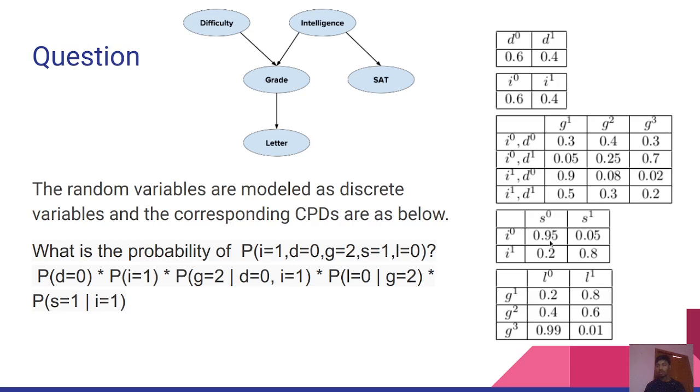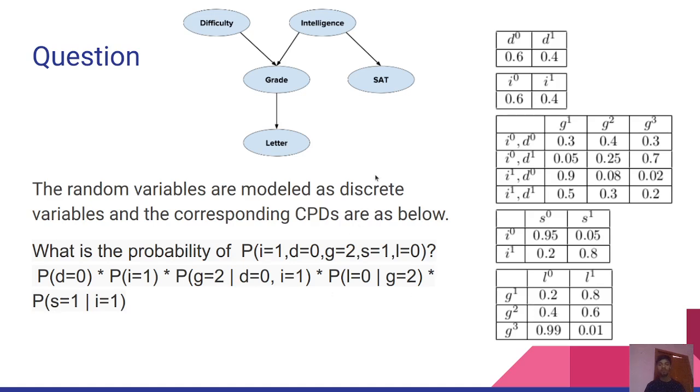So where is the table for that? Here, right? So here it is 0.4.